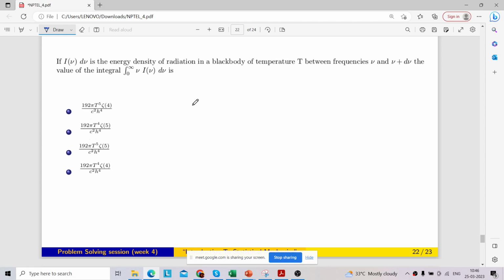Okay, so we know I nu d nu, which is 8 pi h nu cube over c cube d nu over this Planck distribution, e to the power h nu over kT minus 1.